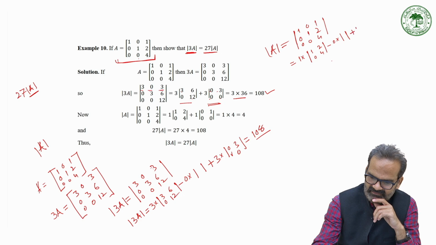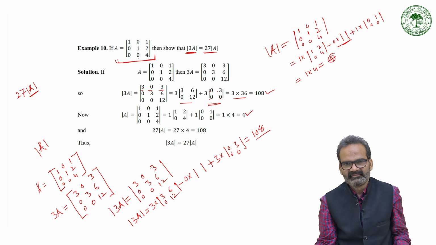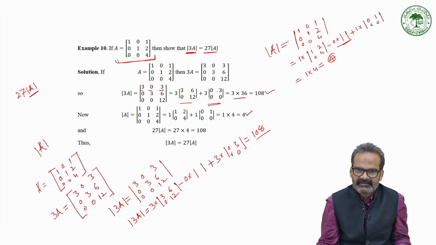The third is plus 1 into this row, this column, 0, 0, 1, 0, right? So what you will get here? 1 into 4, this is 4, minus this term is 0, so this is equal to 4. So 4 is the value of the determinant of A. Now what do we want to show?